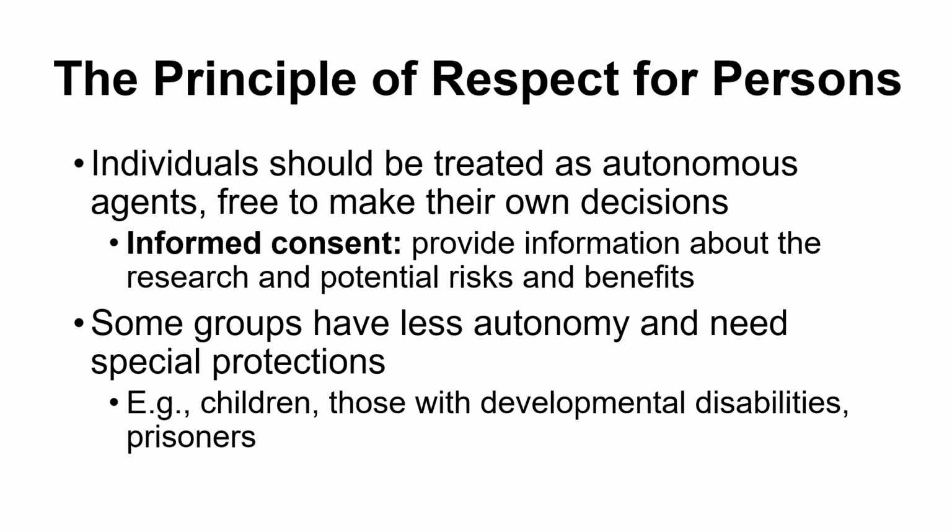Maybe the guards will treat them poorly for saying no. So we need to take extra steps to ensure them that there is no penalty for not participating, so that they don't feel coerced into the act. So that's our first principle.